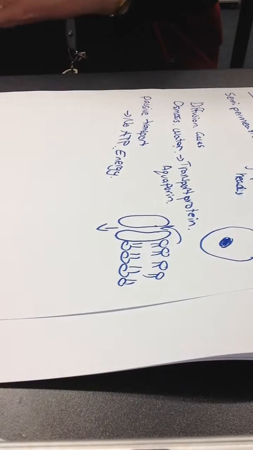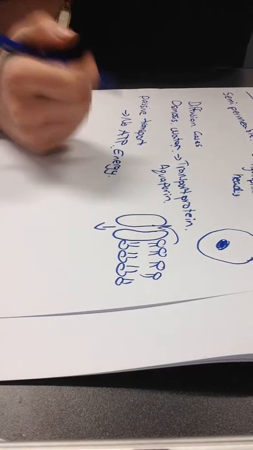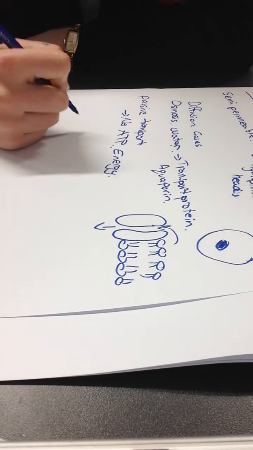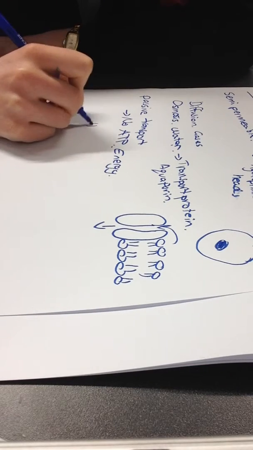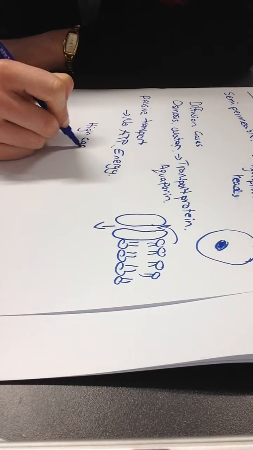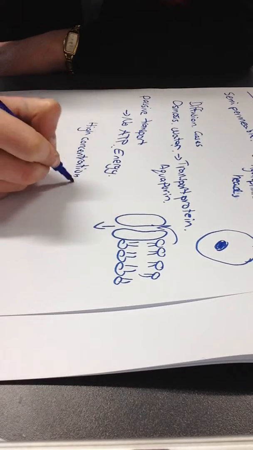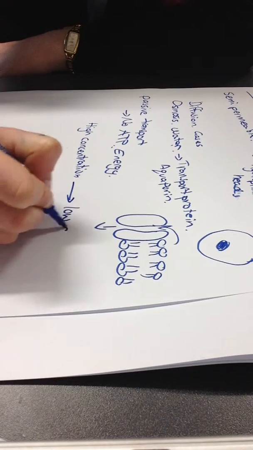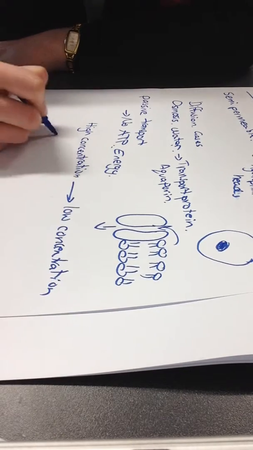How it happens is that the movement of the gases or the water or oxygen or carbon dioxide or whatever will always flow from an area of high concentration to an area of low concentration. What do I mean by that?